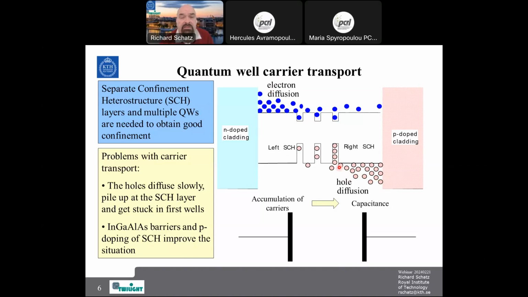And this means that you have a lot of holes and electrons here in these SCH regions that gives a capacitance. So even if you have low contact capacitance of your device, this can increase the capacitance and reduce the bandwidth. A remedy for this is often to lightly dope the SCH regions, so you also have a drift current, so it's not only by diffusion that the carriers are transported into the quantum wells.